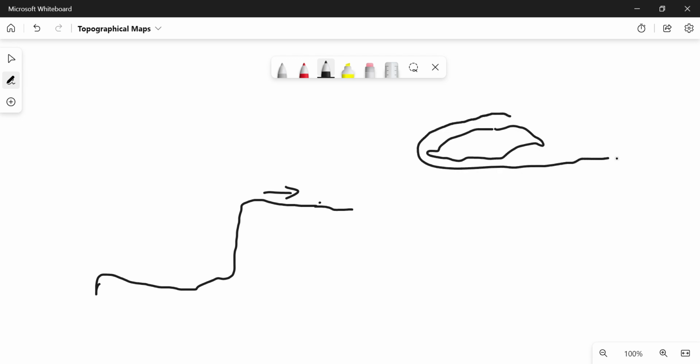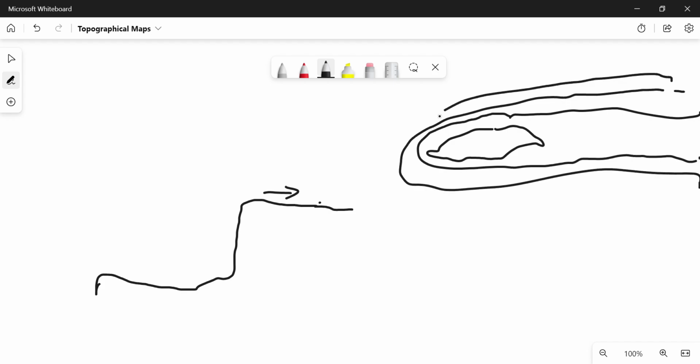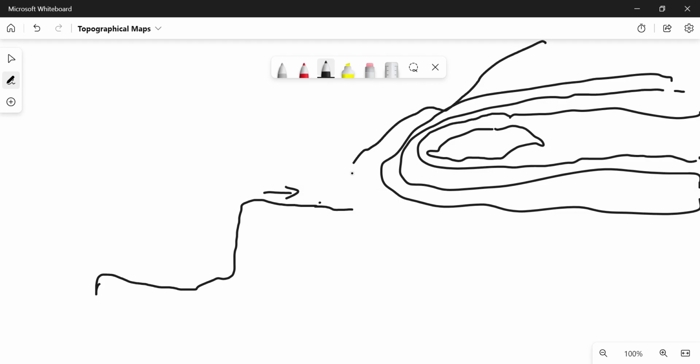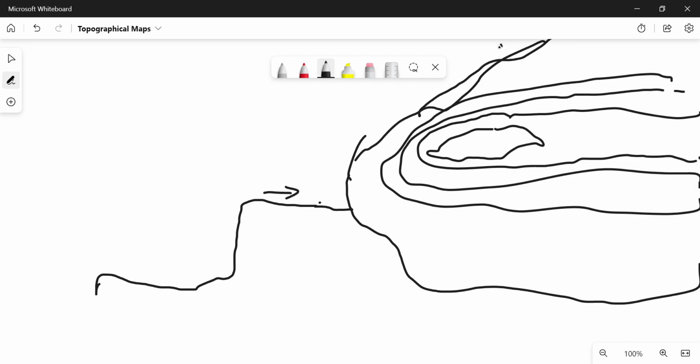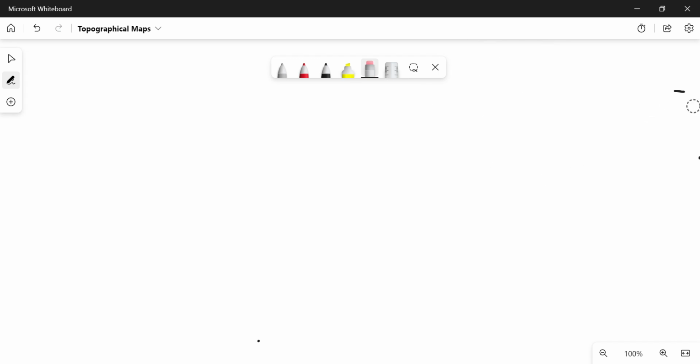This, then this, then this, then this, this. So this is how to draw a cliff. I know my drawing skills are not so impressive, but I'm just trying to explain to you guys.